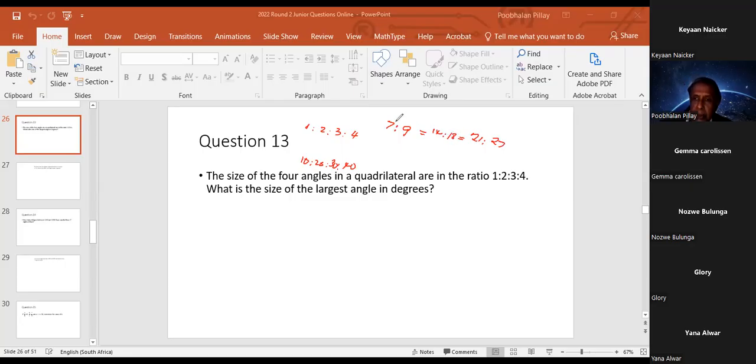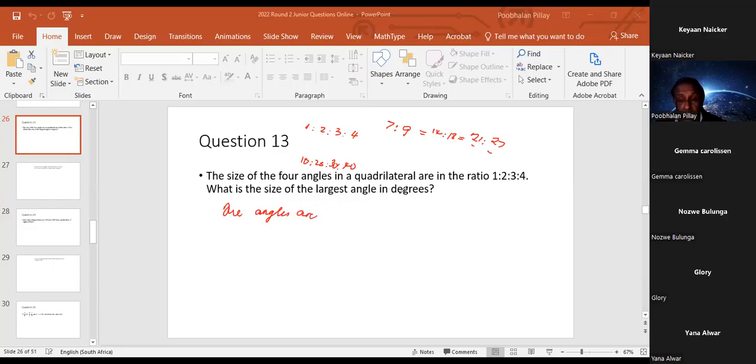You can just take out the 2 and you come to that, take out the 3 and you come to that, and so on. So in a ratio, we don't know what the actual numbers are. That is the point. But we do know that if you multiply all the numbers by the same number, you'll get the same ratio.